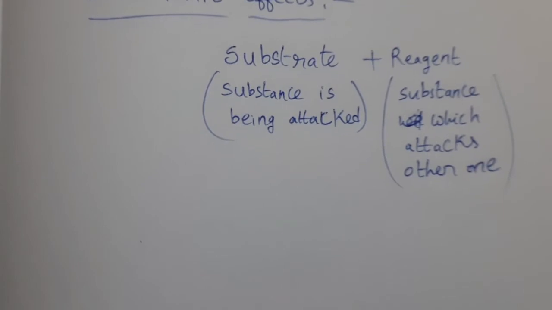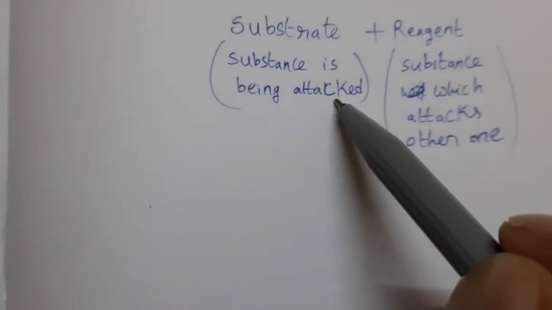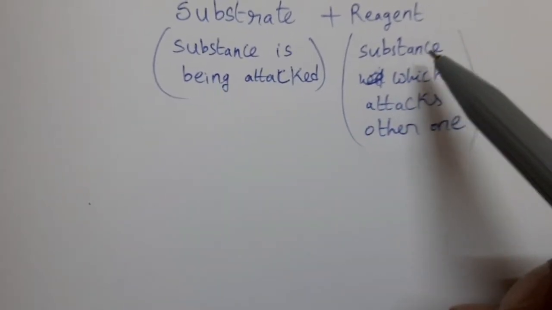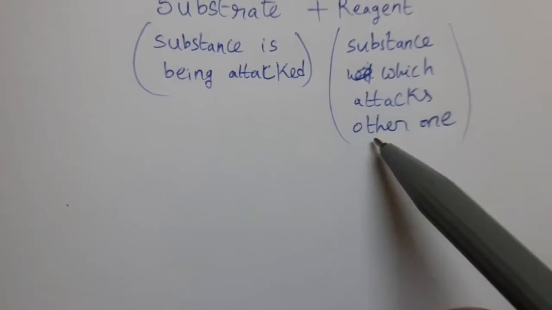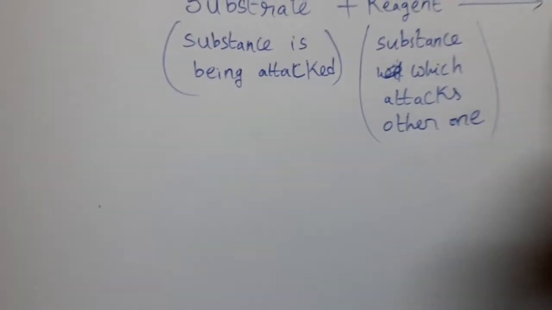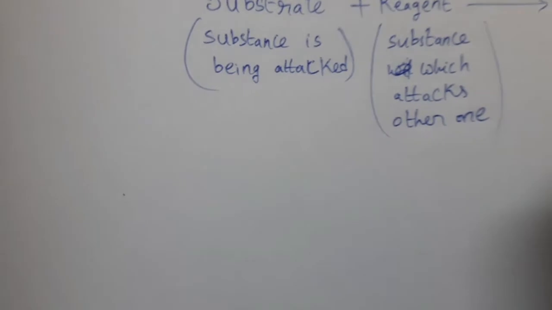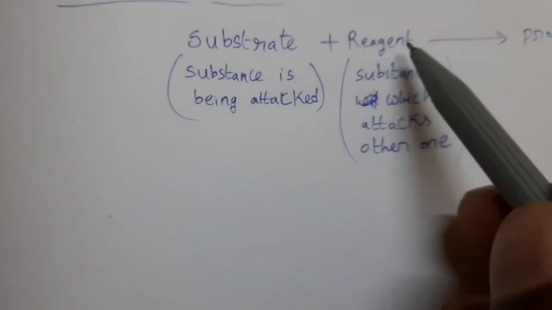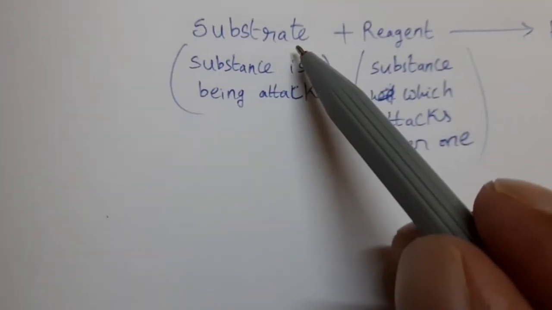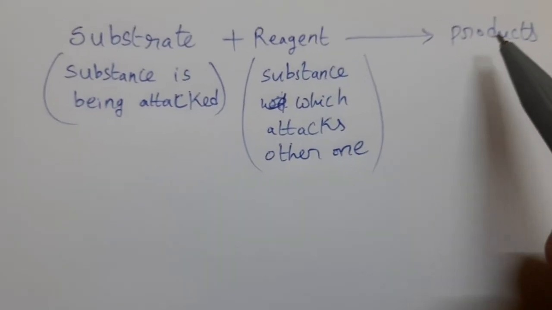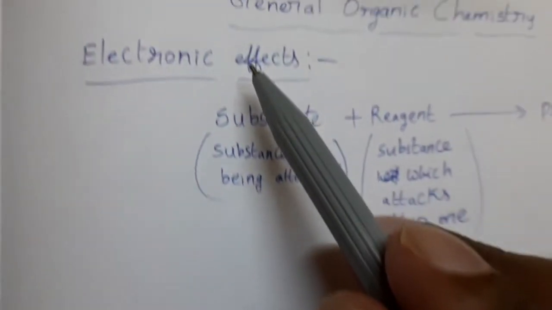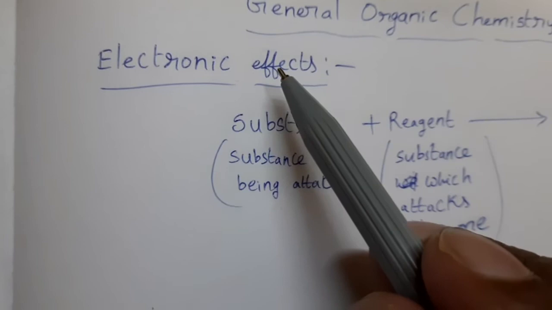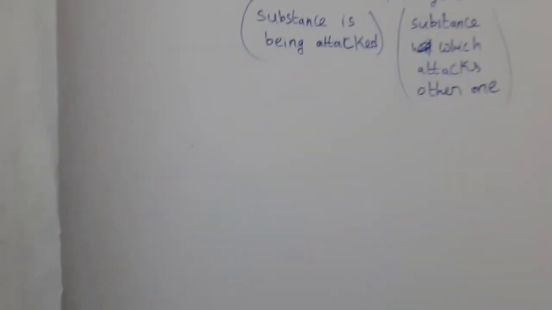So substrate means the substance that is being attacked, and reagent means the substance which attacks the other one. In a chemical reaction, this reagent attacks this substrate and forms products. Now see the electronic effects which are related to the reactivity of organic compounds.